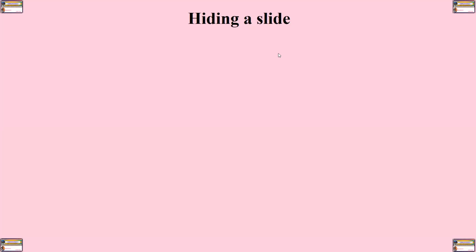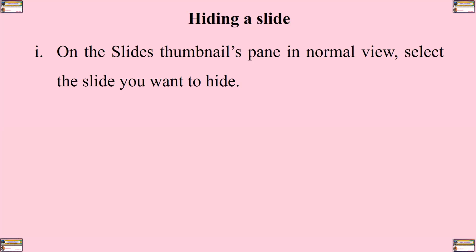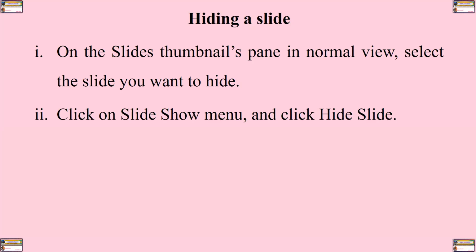You can also hide a slide in case you don't want it to be visible during presentation. So how do you hide the slide? On the slide thumbnails pane in normal view, you select the slide that you want to hide, and then click on the Slide Show menu and click Hide Slide.